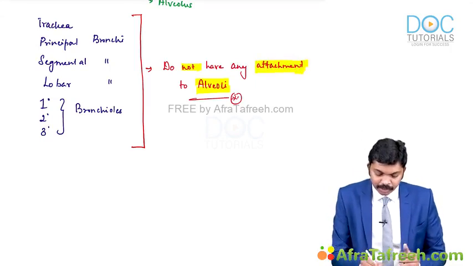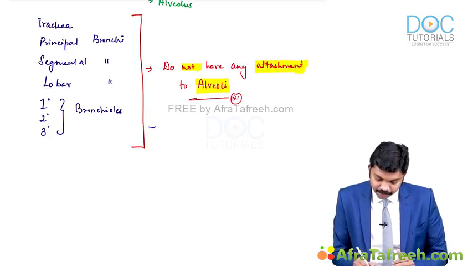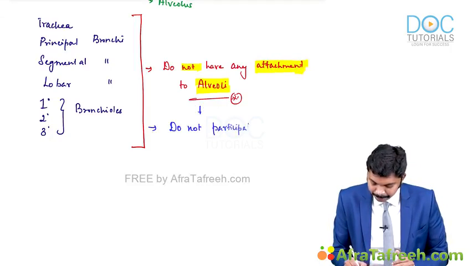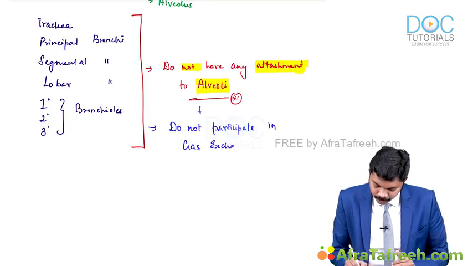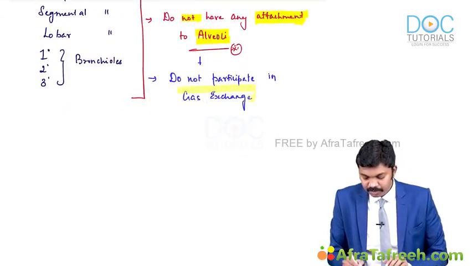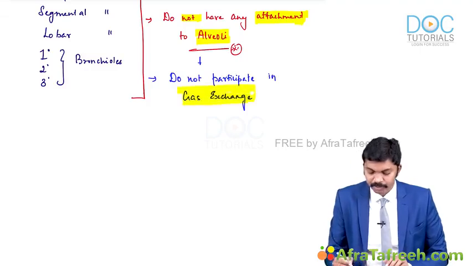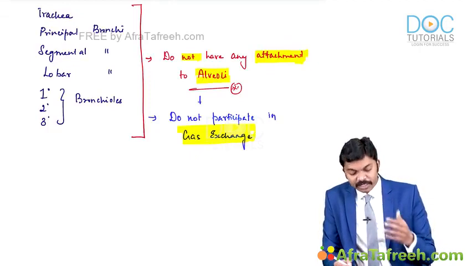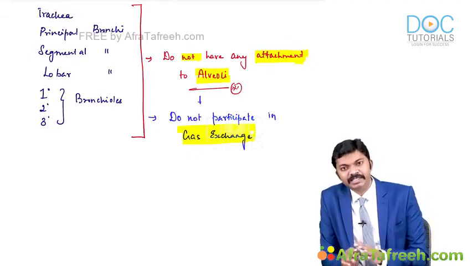Because they are not connected to an alveolus, these airways do not participate in gas exchange. You know very well, gas exchange takes place only in an alveolus. Because these airways are not connected to alveoli, they do not participate in gas exchange, doctors.